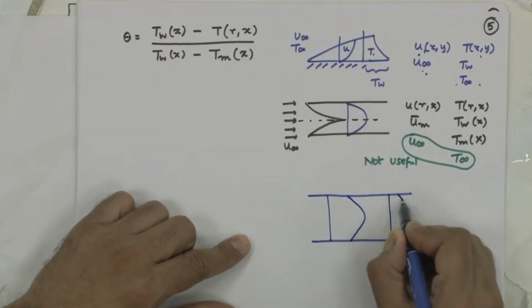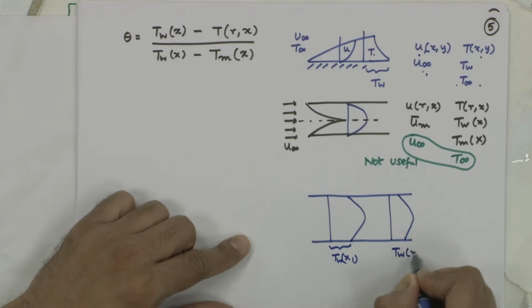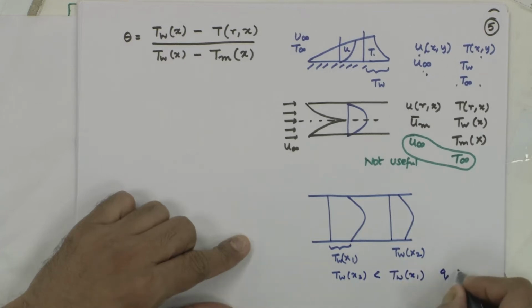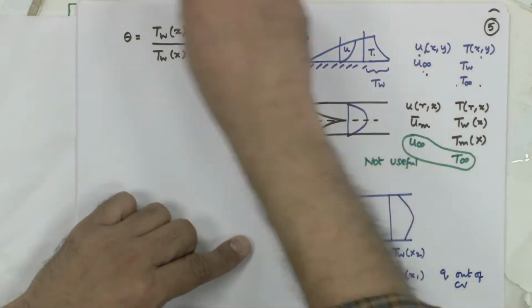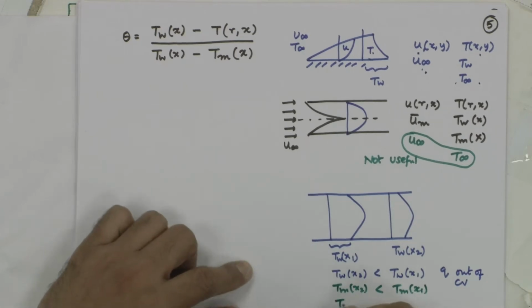Thicker here, T wall at x2 would be smaller than T wall at x1, meaning Q is going out of the control volume, heat is leaving the control volume. Similarly, T bulk mean at x2 is going to be less than T bulk mean at x1, T local r comma x2 is going to be lower than T local r comma x1.